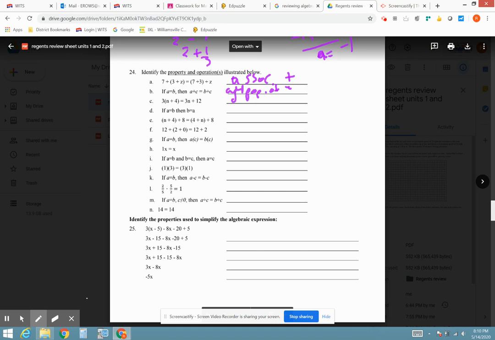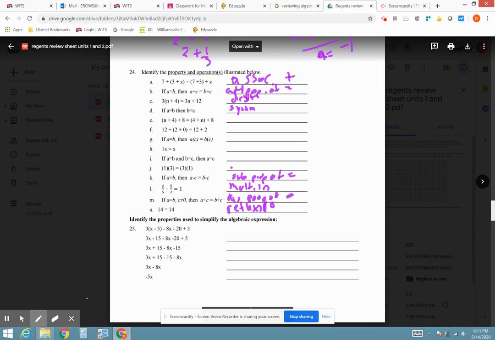This is distribution. This is symmetric. This one is reflexive. You guys always mix that one up. This is the division property of equality. This is multiplicative inverse. This is the subtraction property of equality.